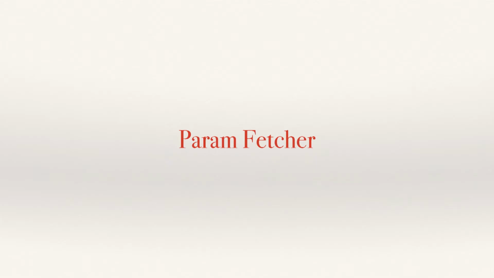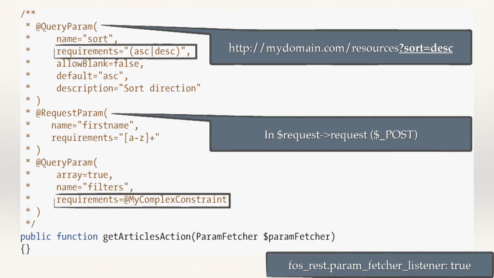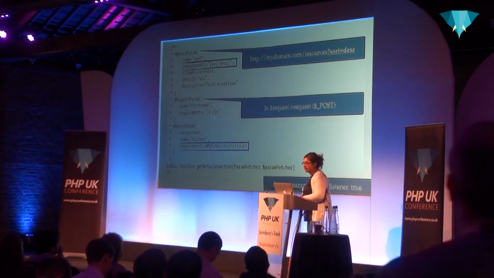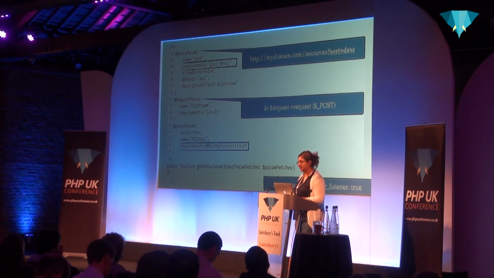The param fetcher. You may know that with Symfony you don't have anything to handle query parameters. A query parameter is what you can see up there with the sort equals to desc. And in here with the special annotation @QueryParam, you can put actually requirements.